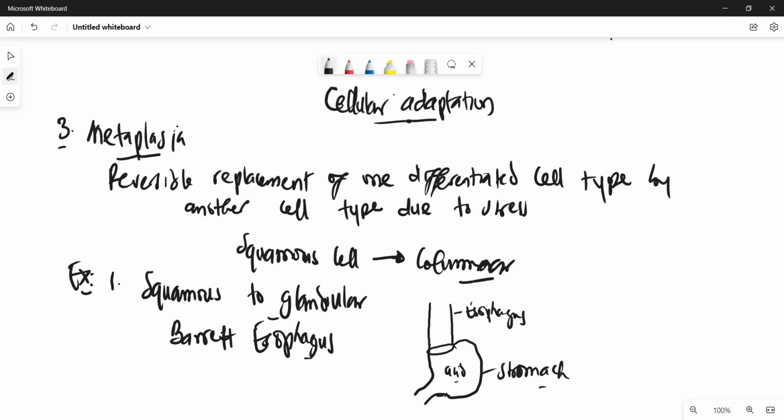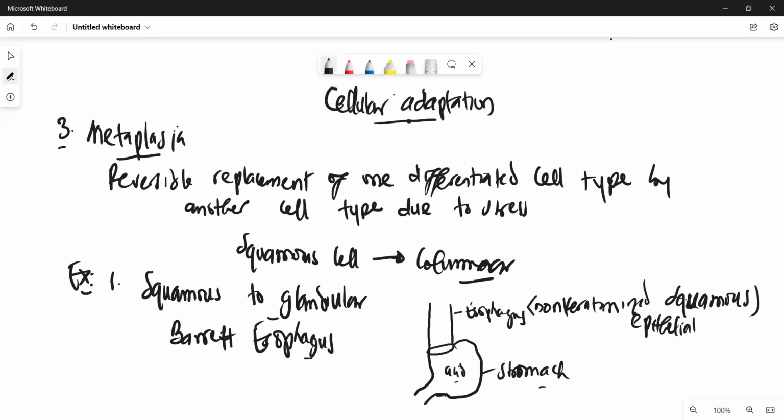The esophagus is lined by non-keratinized squamous epithelia, whereas the stomach is lined by the glandular cells.